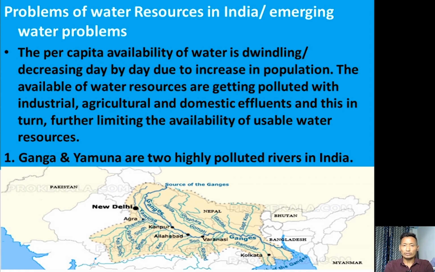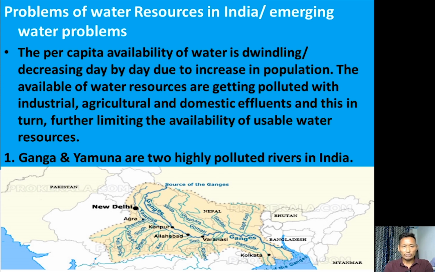One reason is the increase in population. Another reason is that available fresh water is getting polluted from different sectors such as industrial, agriculture and domestic sectors. So these are the two main reasons related with the problems of water resources in India.